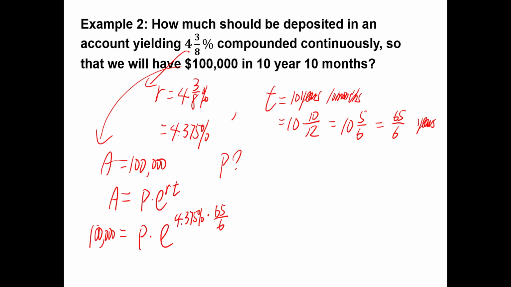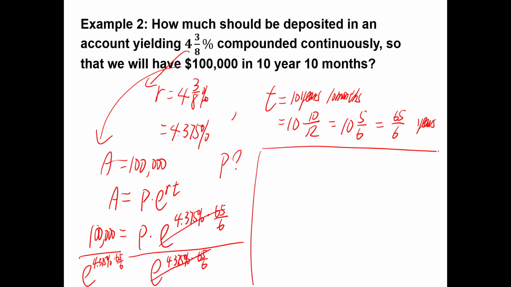Now we want to solve for P, so we have to divide both sides of the equation by e to the 4.375% times 65 over 6. And cancel the e, so now the principal P is by itself. That's what we're looking for.